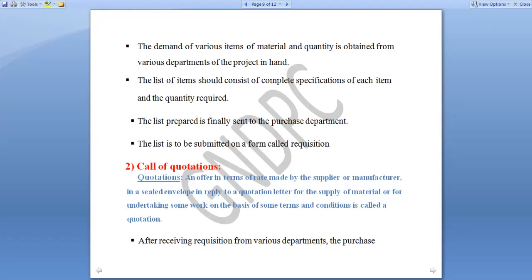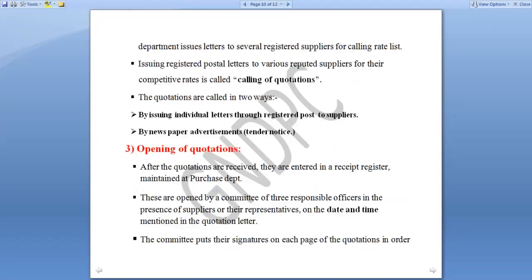Now, the procedure for call of quotations is: after receiving requisitions from different departments, the purchase department issues letters to the registered suppliers for the call of the rate list. These letters are issued as registered postal letters, and this sending of letters is actually known as calling of quotations.